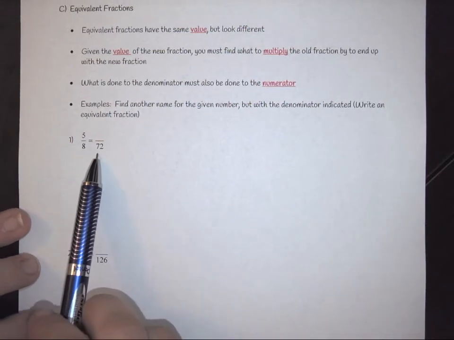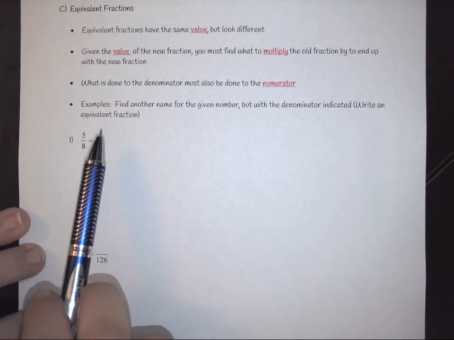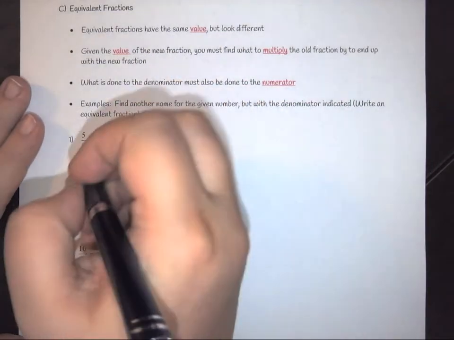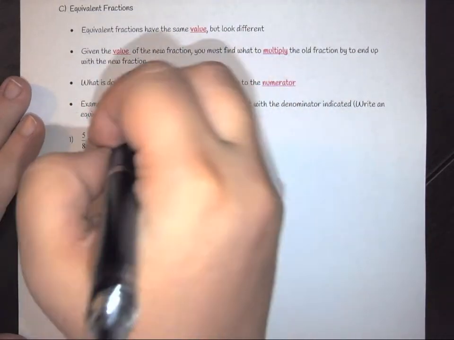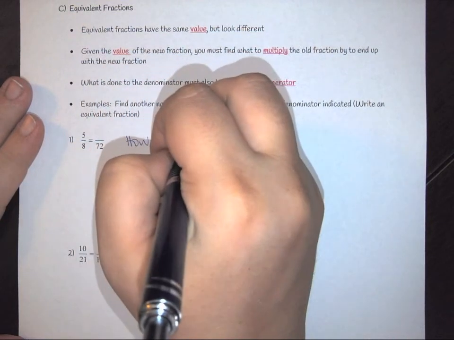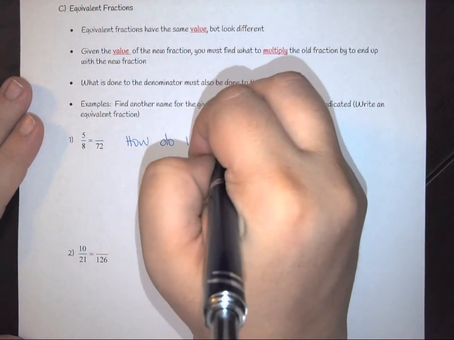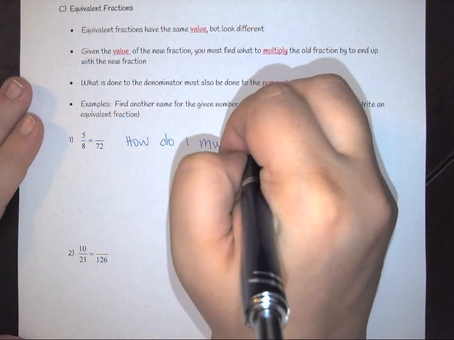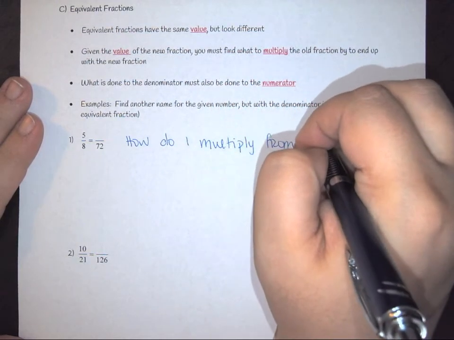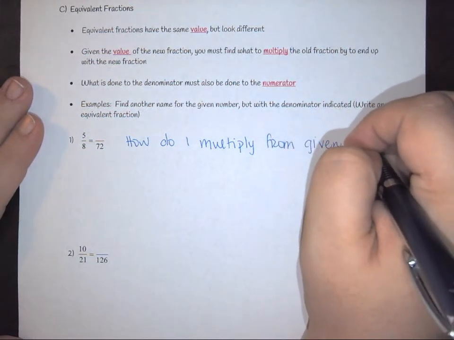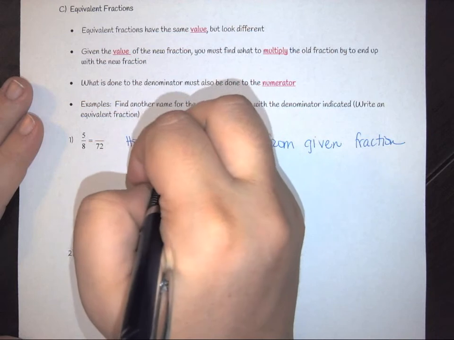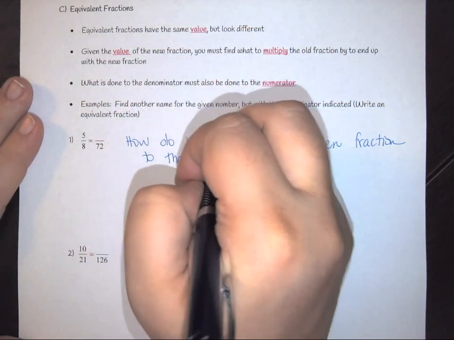So here, notice I have my denominators, but my numerator is missing. So what you need to ask yourself is how do I multiply from the given fraction to the missing fraction?